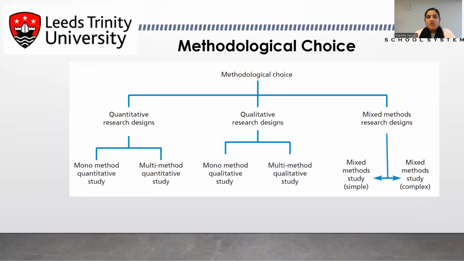Methodological choice. There are 3 methods that any researcher can choose: either qualitative design, quantitative design, or mixed method. In quantitative design, mono method or multi-method quantitative design can also be used. Similarly, in qualitative and mixed method design, you can have both quantitative and qualitative research, mixed method study complex, and mixed method study simple.